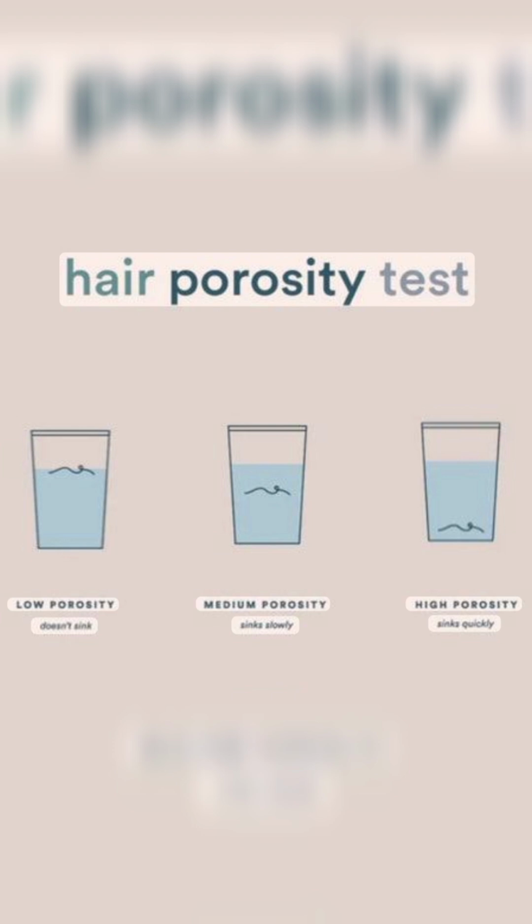If it stays on the top of the water, that means you have low porosity. If it sinks just to the middle of the glass, then this means you have medium porosity. And if it sinks to the bottom of the glass, then you have high porosity.